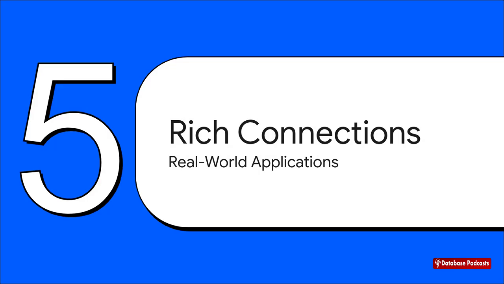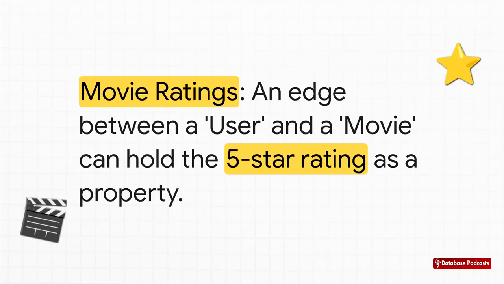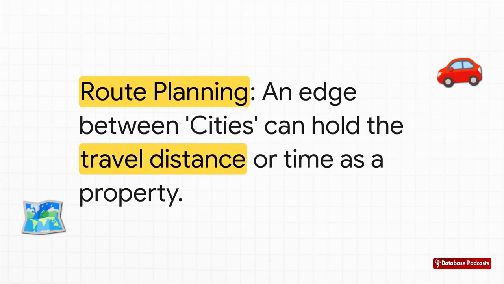Now let's see how this flexible model really works out in the real world. Because I promise, once you start thinking this way, you see applications for it everywhere. Let's take movie ratings. The connection between a user and a movie can hold their 5-star rating as a property. And just like that, you can instantly find things like all movies highly rated by friends of my friends, without having to do all those complex table joins. Or how about route planning?